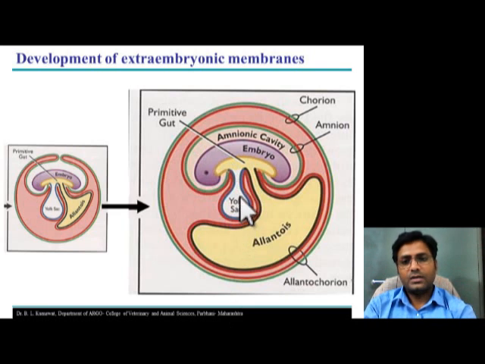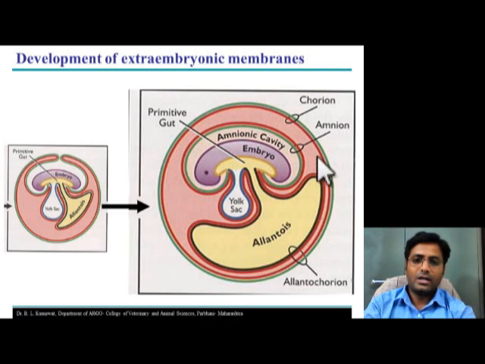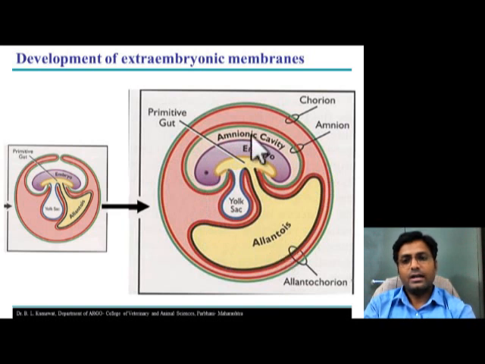After some time, this yolk sac will completely disappear, whereas the allantois will expand hugely and cover all the chorionic space, forming allantochorion with the fusion of the chorionic membrane and allantoic membrane. So there will be no separate chorionic cavity and allantoic cavity. It will be formed as the allantochorionic cavity. Only two cavities remain, that is allantochorion and amniotic cavity.